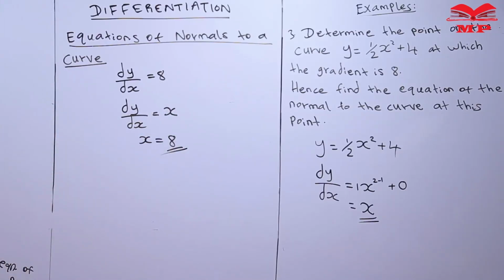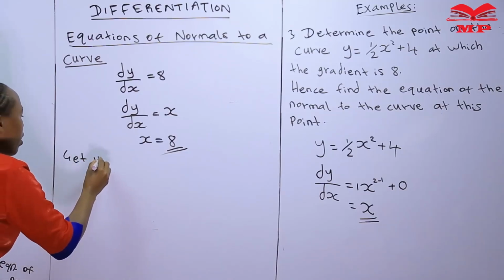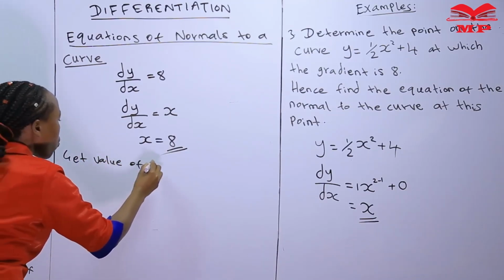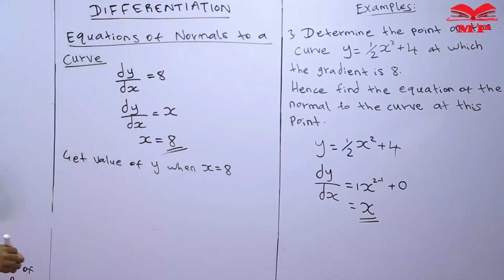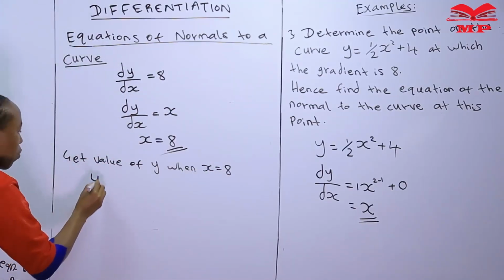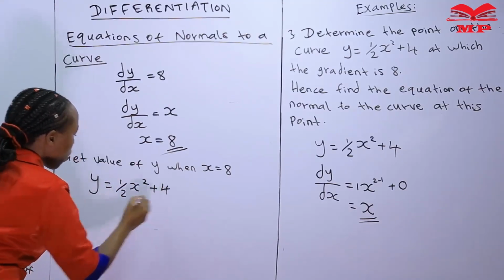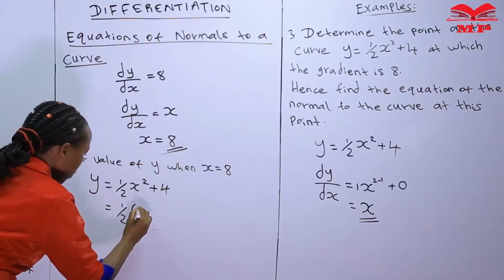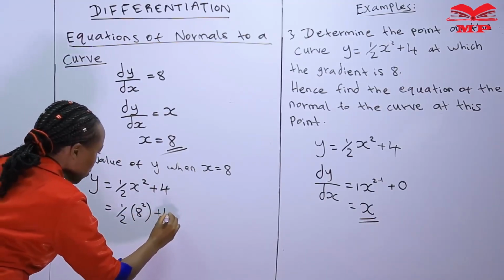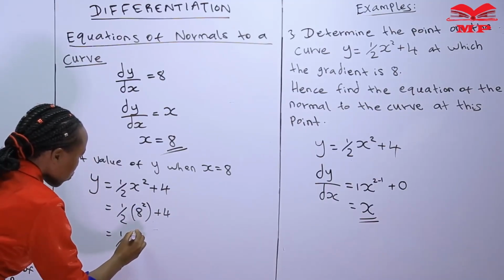So that is the first part, because we want to get the coordinate now. Now we come and get the value of y when x is equal to 8, so that we can get that coordinate. So we have the curve y is equal to a half x squared plus 4. So we have a half, our x is 8, so we have 8 squared plus 4. 8 squared is 8 times 8, which is 64.